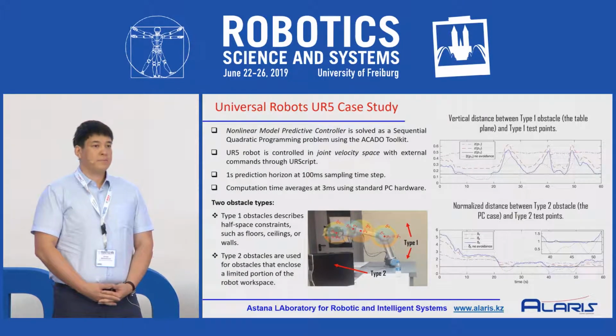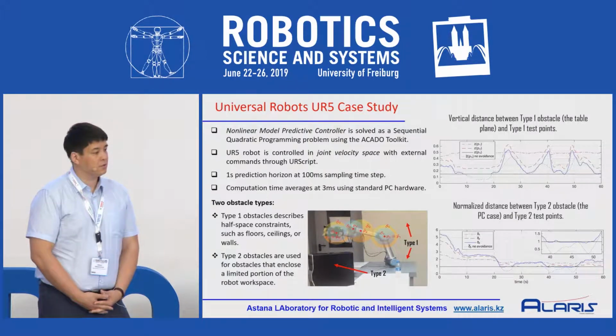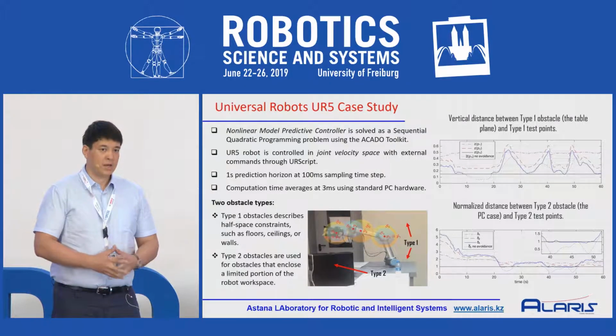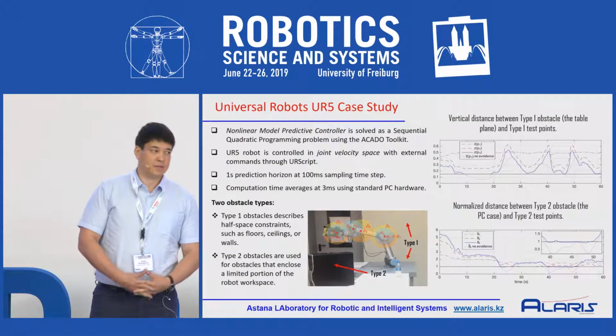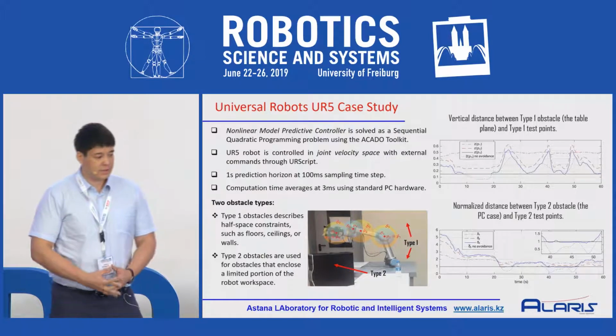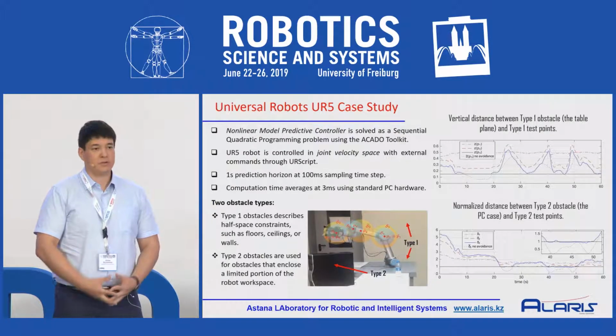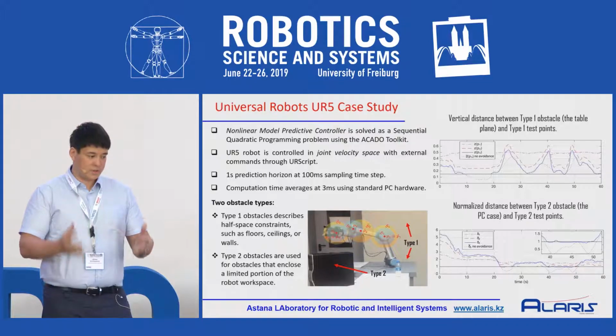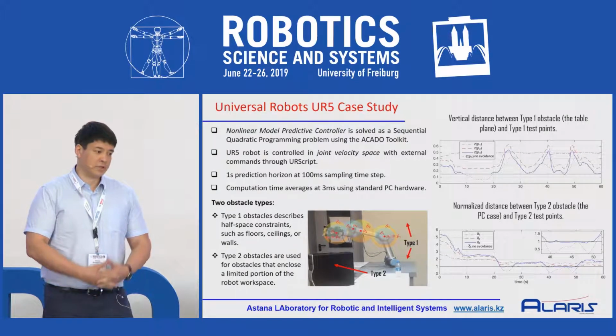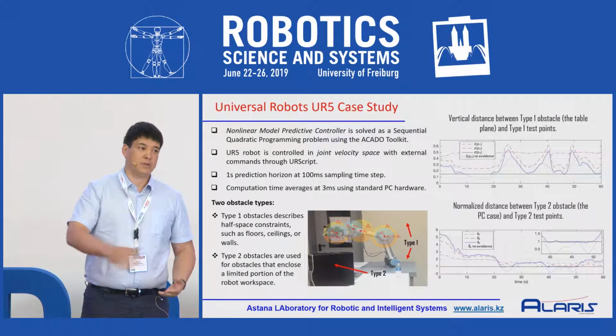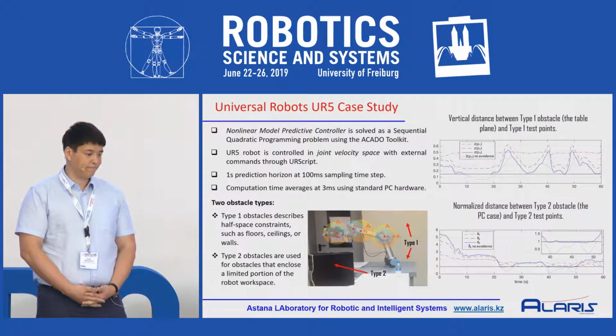We define 2 types of obstacles. Type 1 obstacles represent half space constraints like floors and walls. For type 2 obstacles, we use convex shapes to define objects in the way, blocking the direct robot motion.